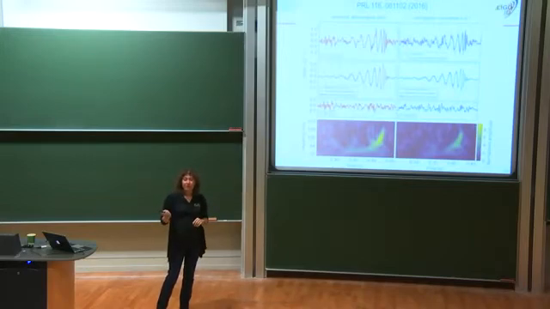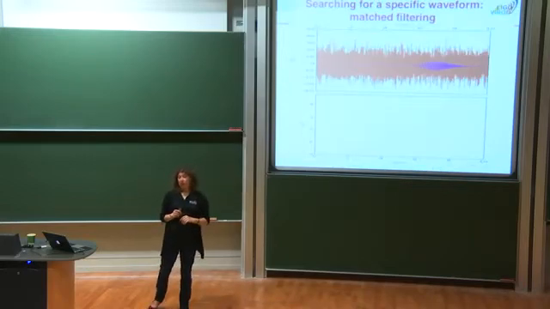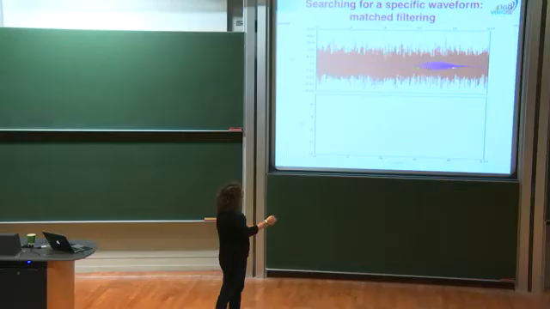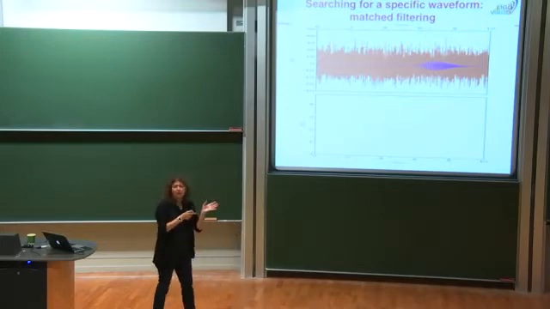But the actual search is done with matched filtering. And this is a very well-known statistical technique that assumes that if you have a waveform in the data, which might be smaller in the data, so you don't see it. The RMS is smaller, you don't see it in the time series. Even if you try filtering, you wouldn't see it cleanly.